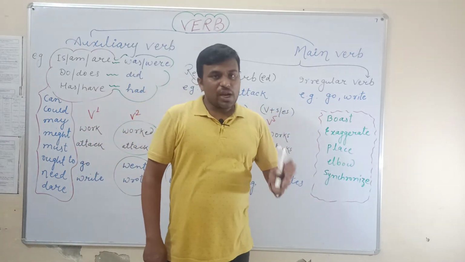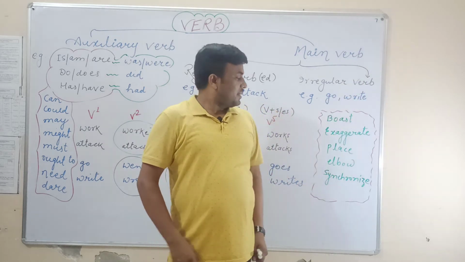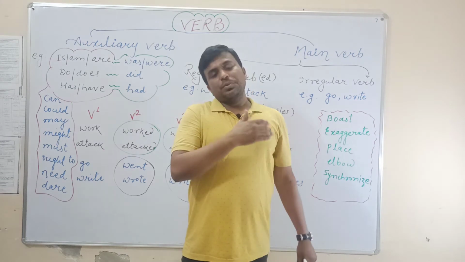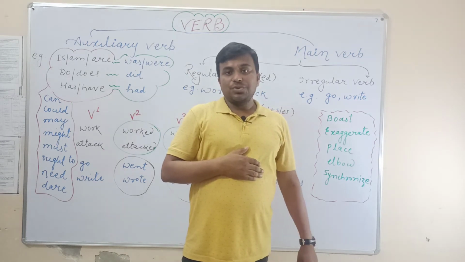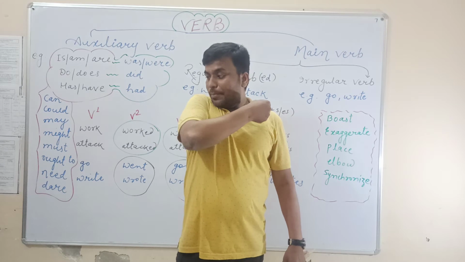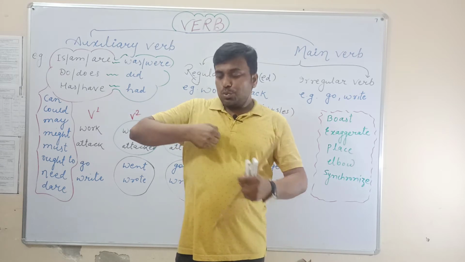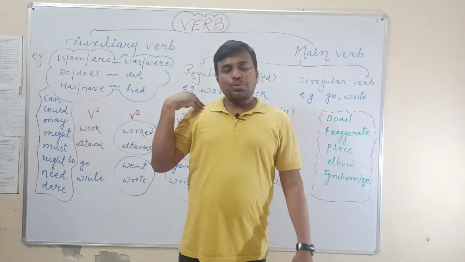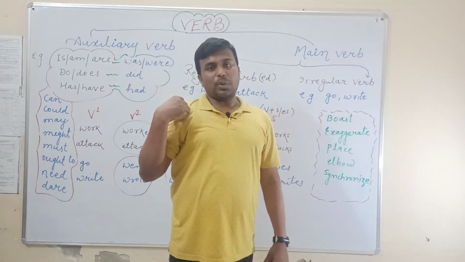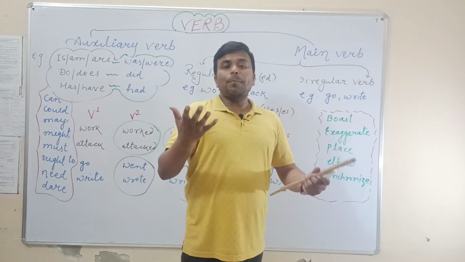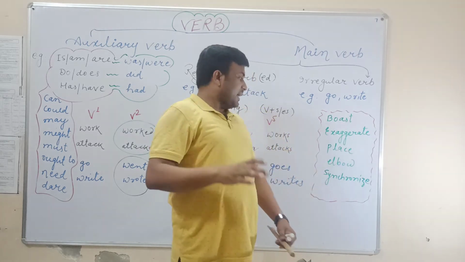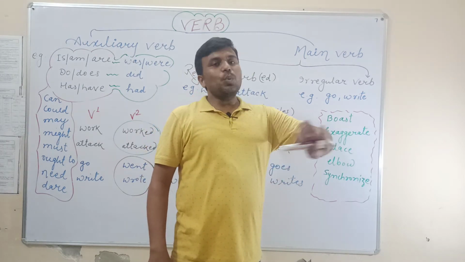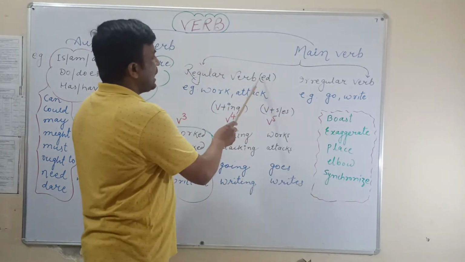Like the chair has been placed here. Placed. Elbow, this is elbow. So suppose you go to the temple and somebody elbows you, yes, you can say he elbowed me. You can use it as a verb adding ed, right? Shoulder can be used, like he shouldered the responsibility. Shouldered. Like pump, pumped, right? Synchronize, synchronized. So whenever you come across any new verb, you simply have to add ed.